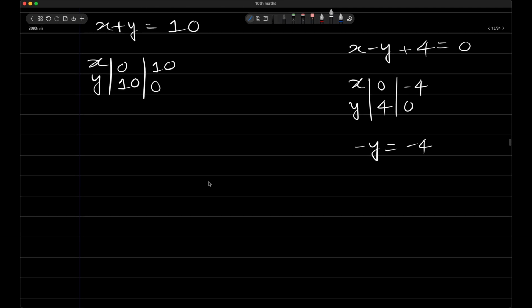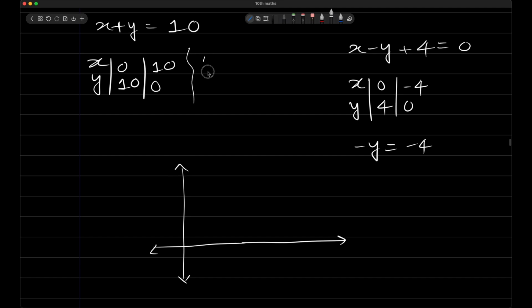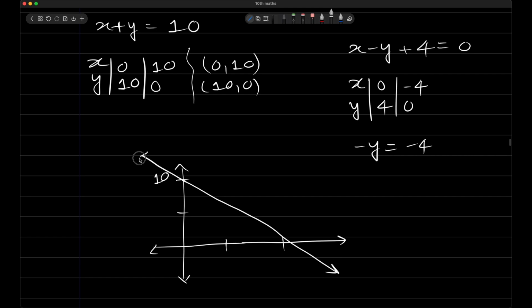Now to plot both the lines on the graph, the points for the first line are 0, 10 and 10, 0. The first line is passing through 0, 10 and 10, 0.